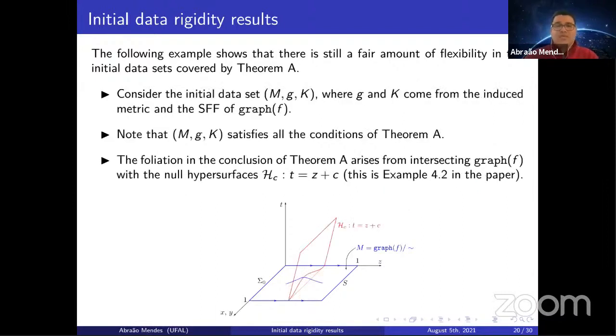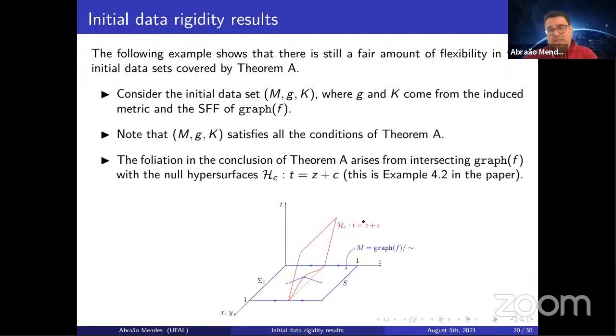And we can consider the initial data set M, g, K, where g and K come from the induced metric and the second fundamental form of the graph of the function f in the Minkowski space. It's not difficult to show that M, g, K satisfies all the conditions of theorem A. Then it has to satisfy also the conclusions.